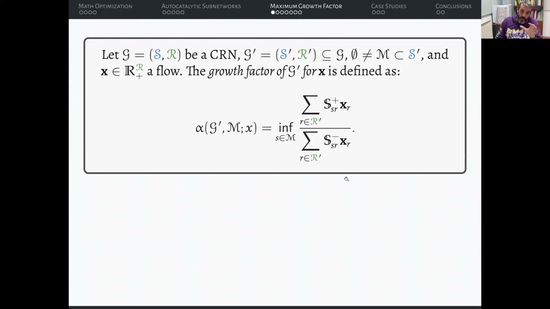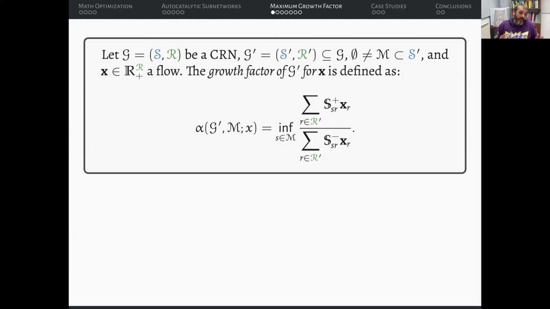For each of the species, I compute this ratio, which is the production divided by the consumption. I compute that for each of the species in this set M, and then I compute the minimum of that. It is a robust measure of the growth of the network for the whole set of species in the autocatalytic set.